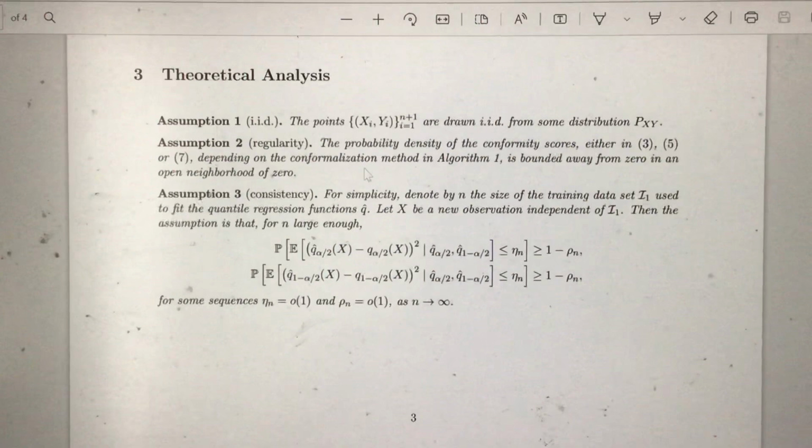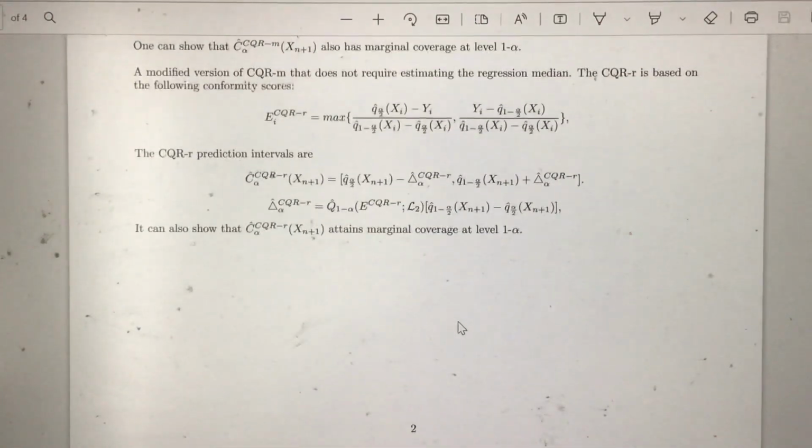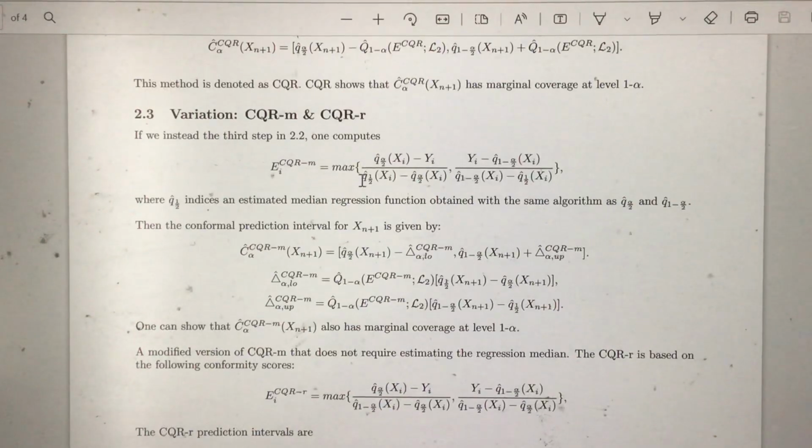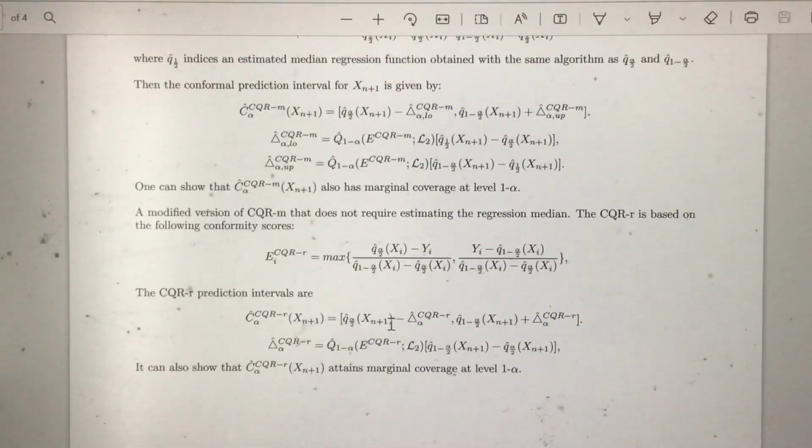So in CQRM, the denominator will be this one. Sometimes the quantile regression value will be smaller, because you only go from the median to alpha over two. But for CQR, the width will be 2 times larger.